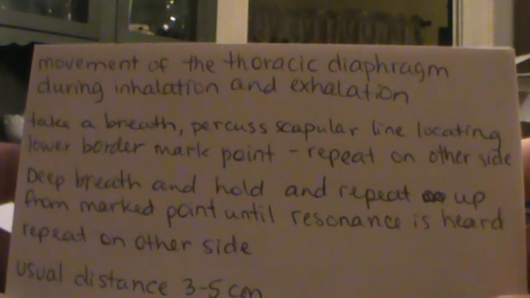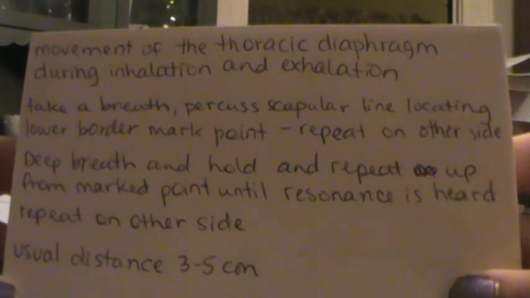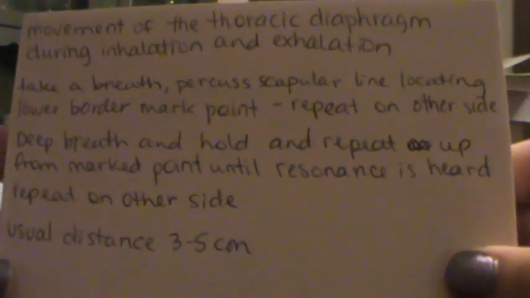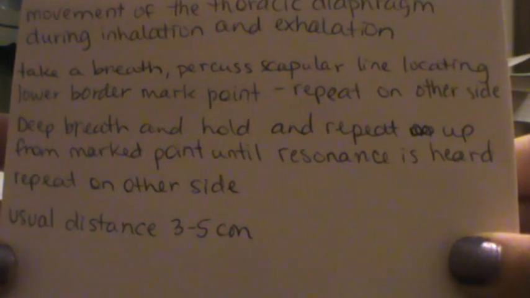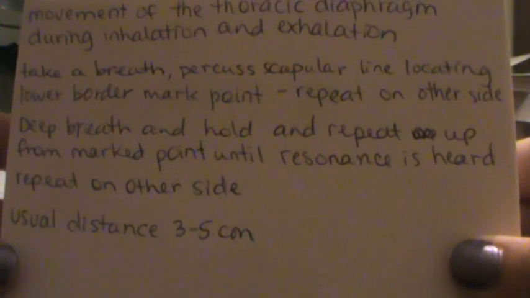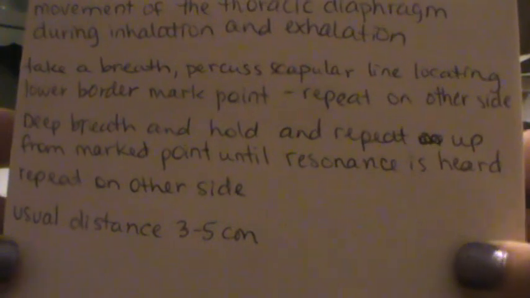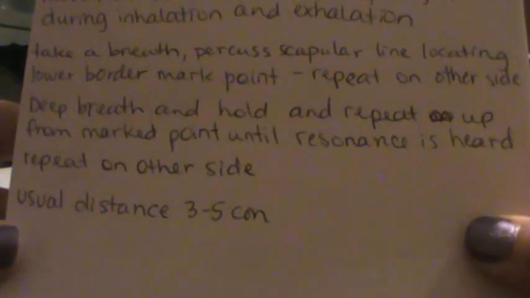Then repeat on the other side. You have the patient take a deep breath and hold that breath, and then repeat up from the marked point until resonance is heard. Repeat on the other side. The usual distance for this is 3 to 5 centimeters, in an adult, of course. That's diaphragmatic excursion.